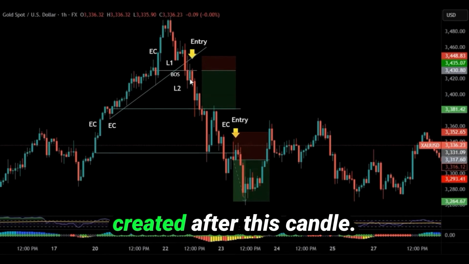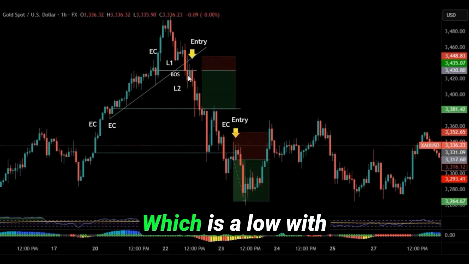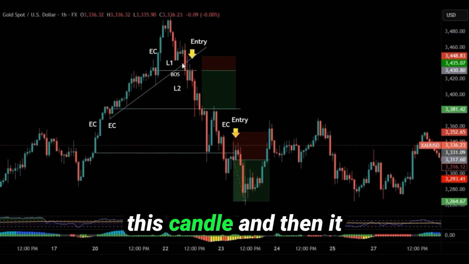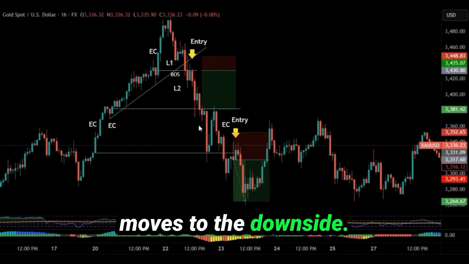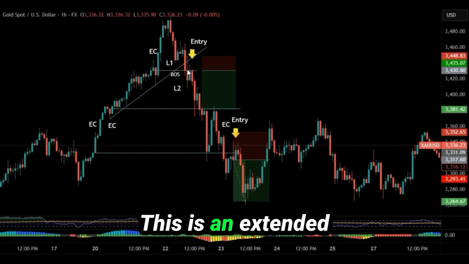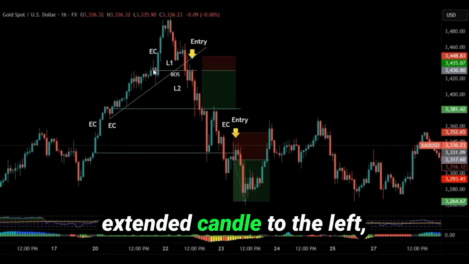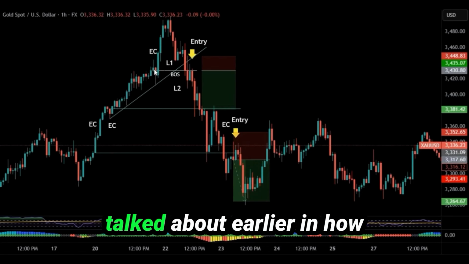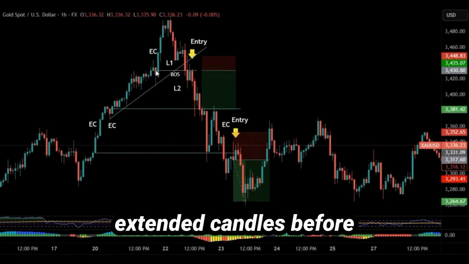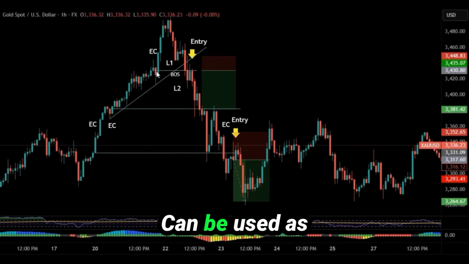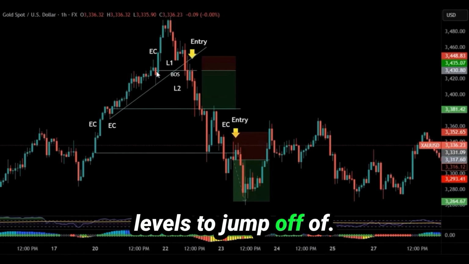Once the level 2 is created after this candle, which is a low with 2 candles that are higher on either side, this one goes into this candle, and then it moves to the downside. This is an extended candle right here. You can also use this extended candle to the left, which is part of what we talked about earlier, in how extended candles before the level 1 price action can be used as levels to jump off of.